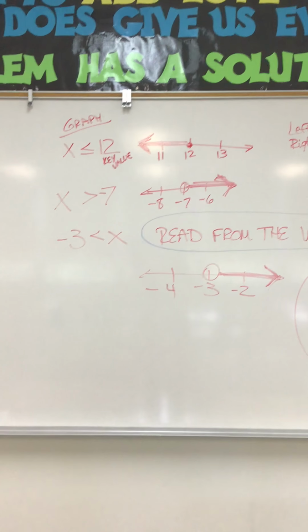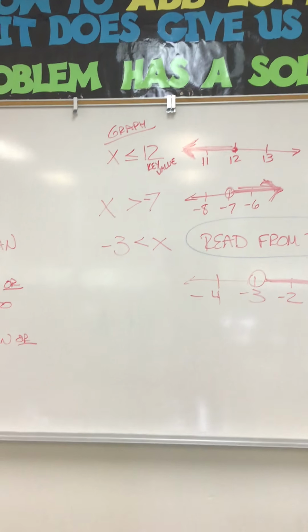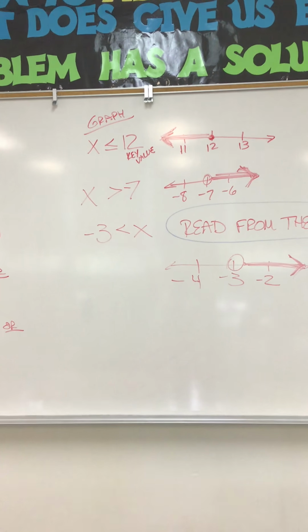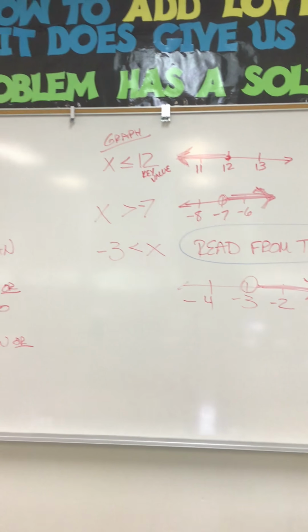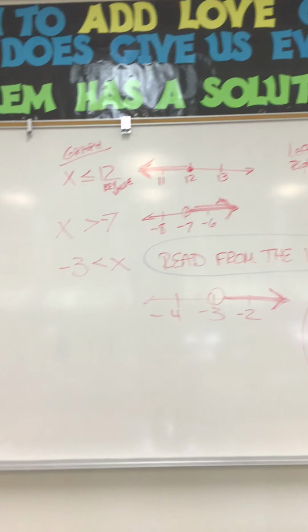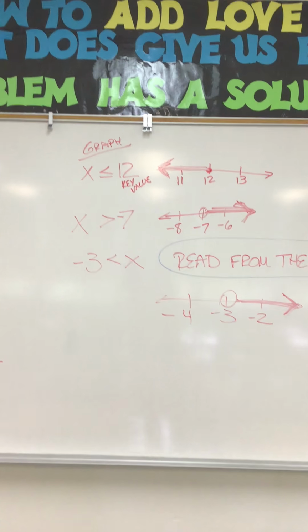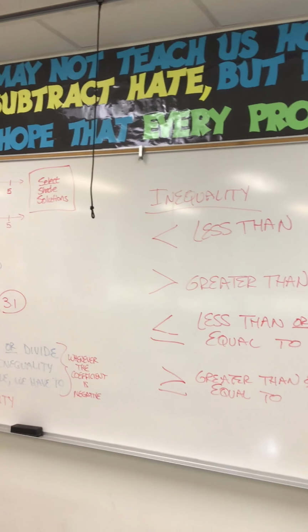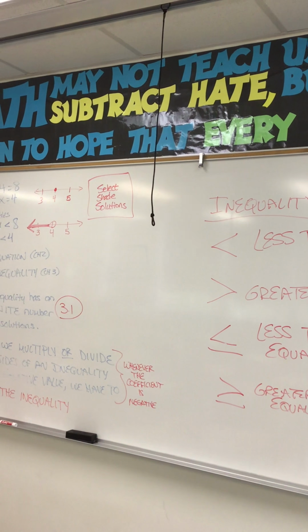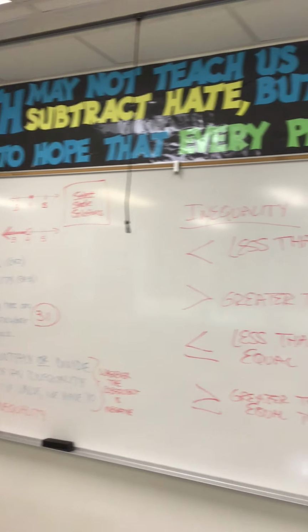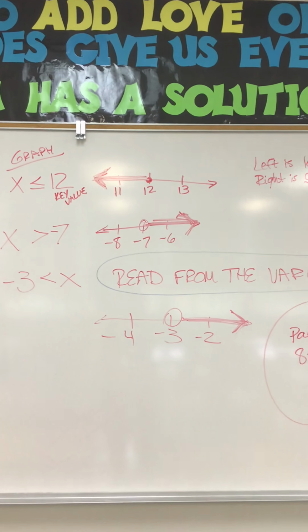Then I say to myself, is 12 part of the solution? Because x can be less than or equal to 12, I know that 12 is part of the solution. So, remember over here where we said we select and shade the solution? Well, that's what we're going to do here.